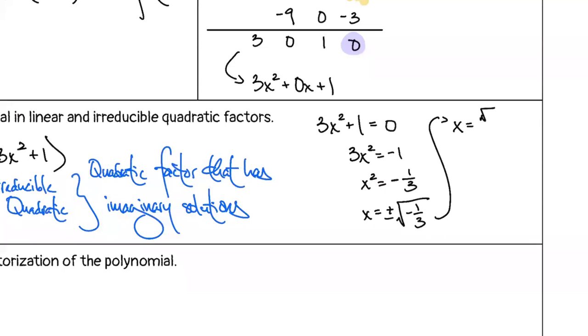So we could do square root of 1 times square root of 3, or divide by square root of 3 times square root of -1. But how do we write the square root of -1? With the i. Good. So really we have x equals plus or minus 1 over root 3 i.